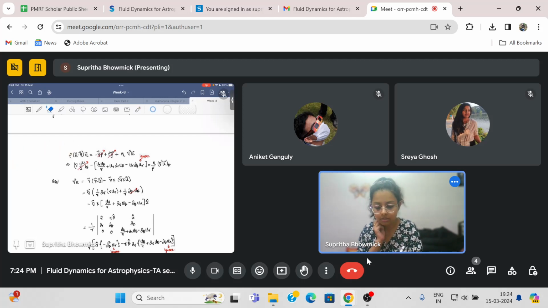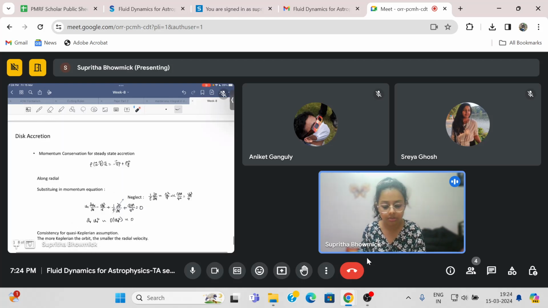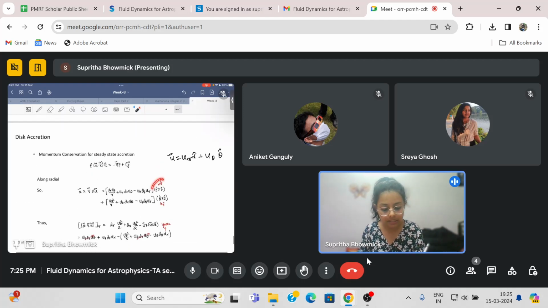So this term just goes away. But in this identity, there was another term which was basically u cross curl of u. Now we had actually derived u cross curl of u, the theta component as well. For the radial part, we just kept this.